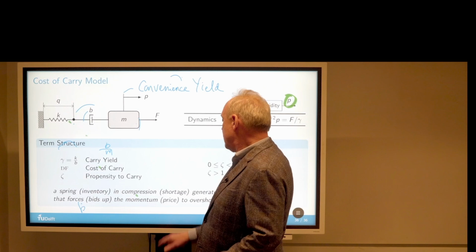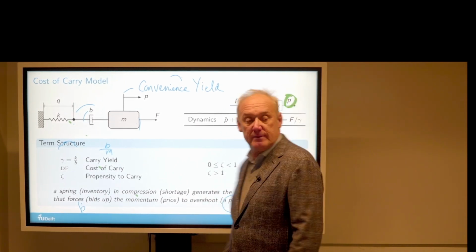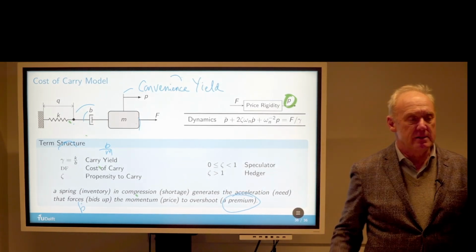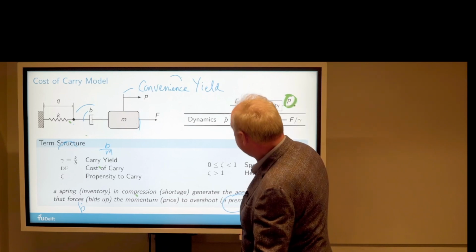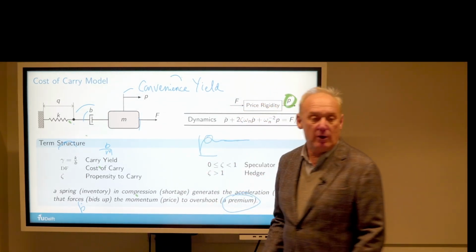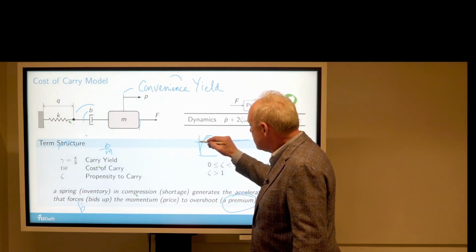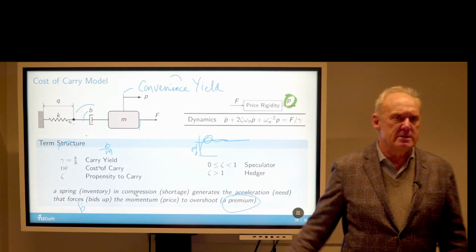Which bids up the price to overshoot, and the overshoot is called a premium. Options traders call it a premium over the settlement price. So P infinity is the settlement price, and this is what they call the premium. Here it's trading at a discount, and here at a premium. All right, so this is a nice sentence.